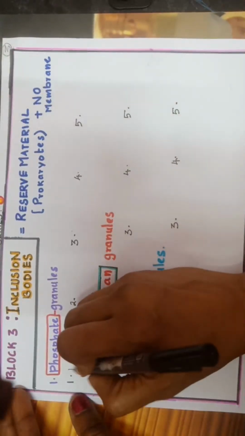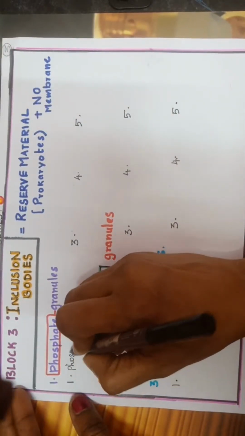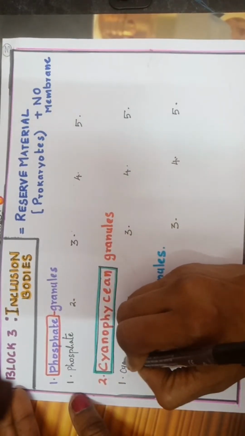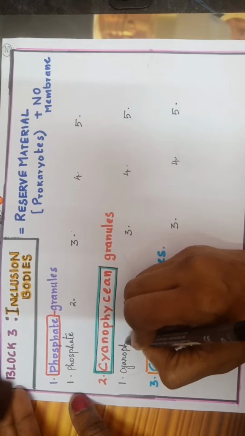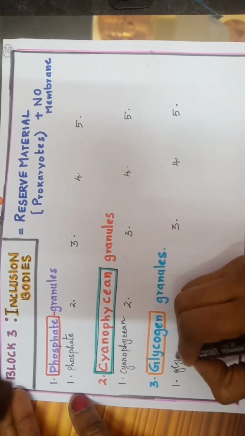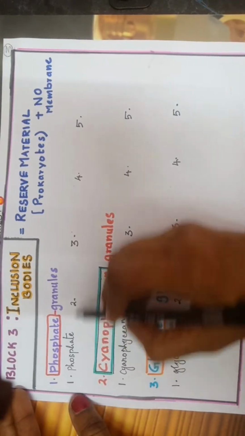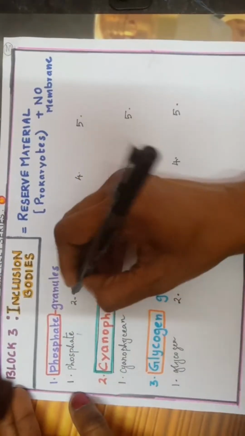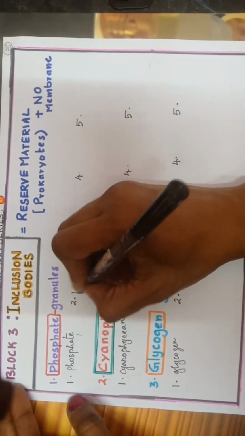The three inclusion bodies of a prokaryotic cell: phosphate granules, cyanophycean granules, and glycogen granules. Don't write this way, okay? Write like this, in this order. Automatically it will get registered in your subconscious mind.